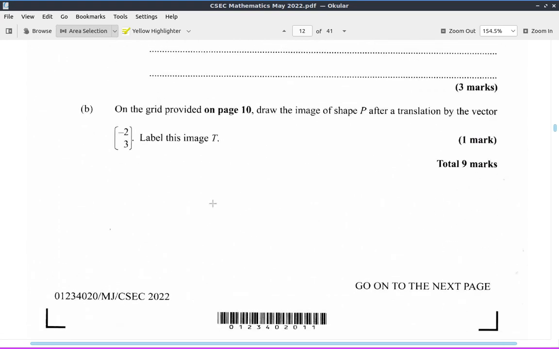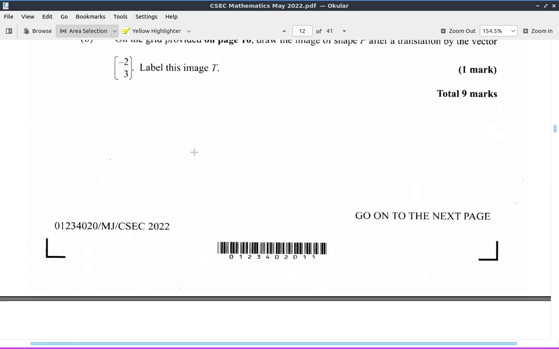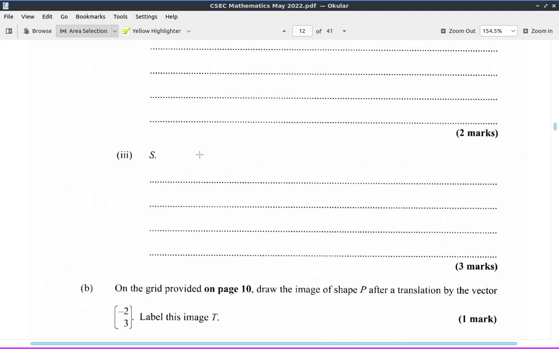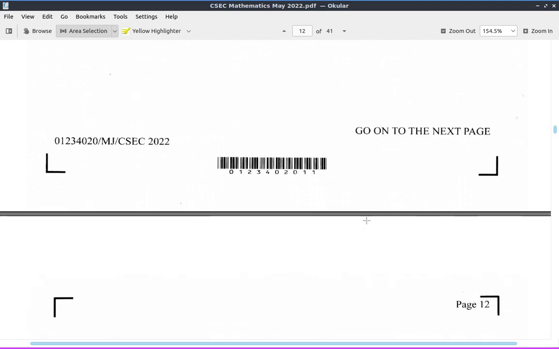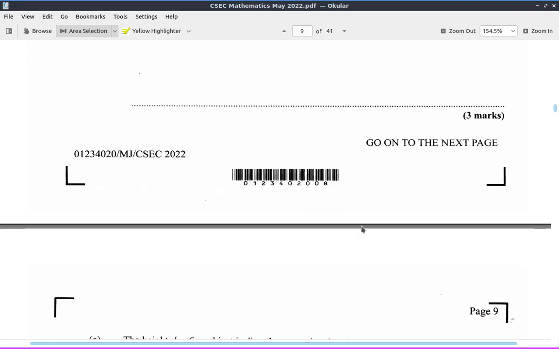And then it says, on the grid provided, draw the image of P after a translation in the vector. So a translation is a slide. So this will slide the vector 2 units to the left, 3 units up. And you see what happens there. Alright, so that's question 2.